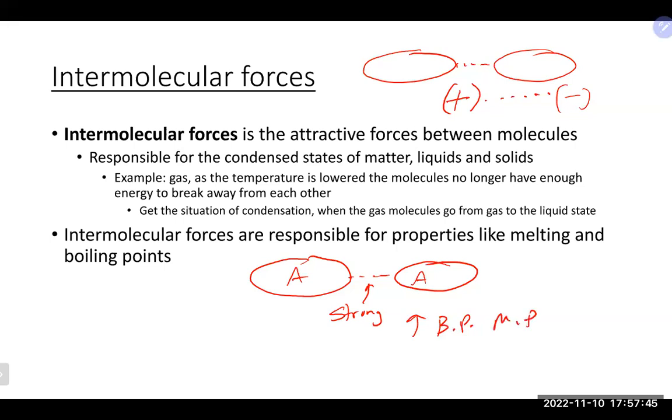That is because it would take more energy to break it if it was really strong. It would require a higher boiling point or melting point to get enough energy to allow that to start to break apart.